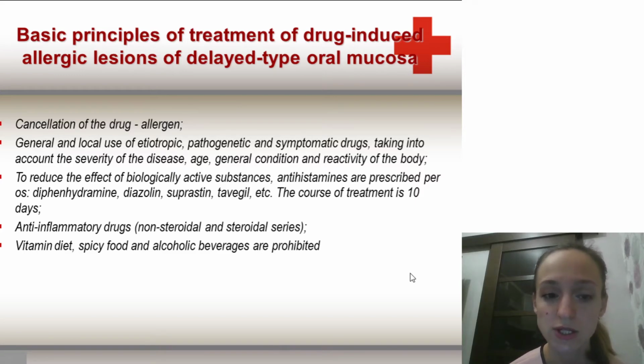To reduce the effect of biologically active substances, antihistamines are prescribed per os, and examples of antihistamines. The course of treatment is minimum 10 days. Anti-inflammatory drugs and vitamins; diet, spicy food, and alcoholic beverages are prohibited.